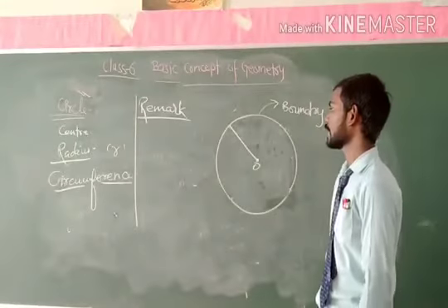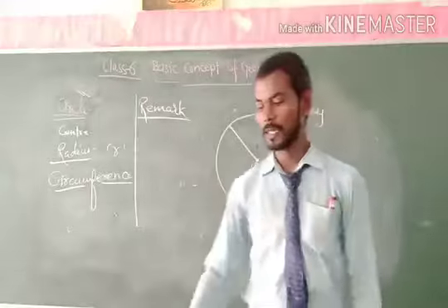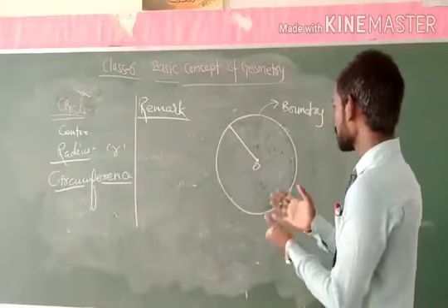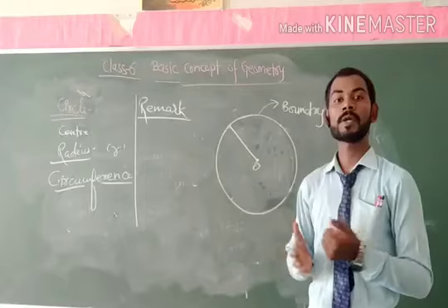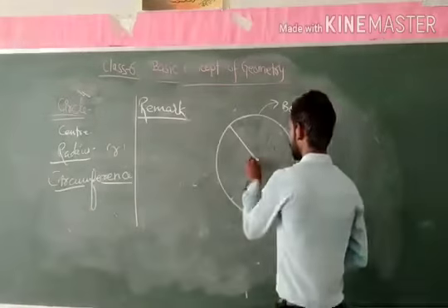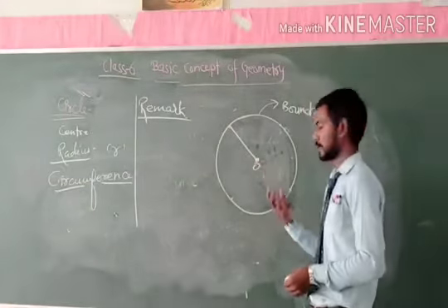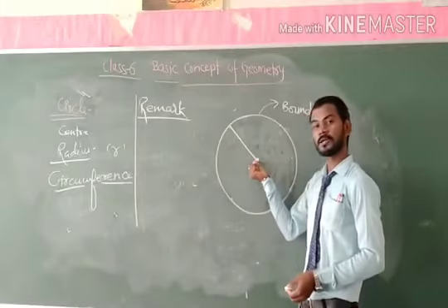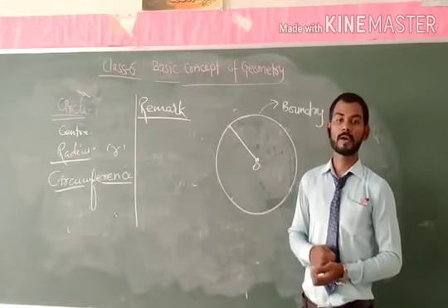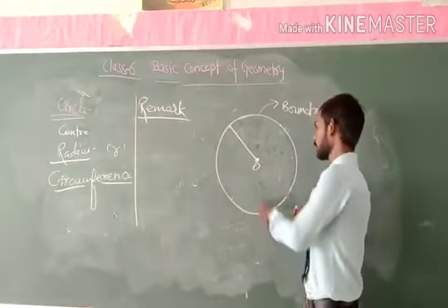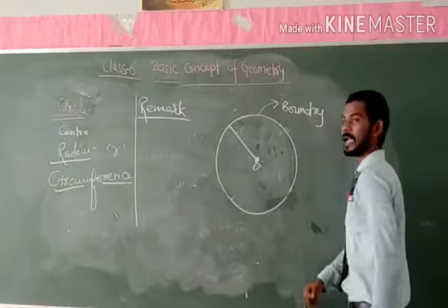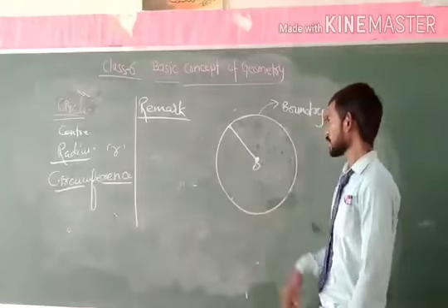As we know, the radius of the circle is denoted by the letter R. In a circle, an infinite number of radii can be drawn, because we know that the center is a single point, and from a single point an infinite number of lines can pass, and they will be radii of the circle.